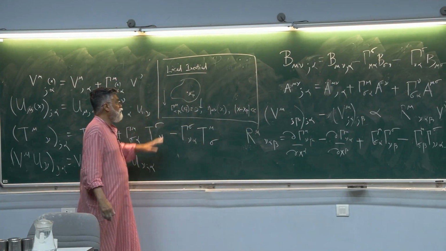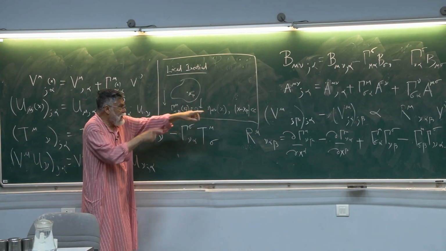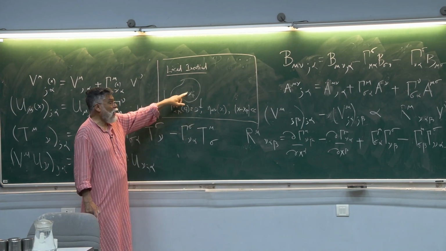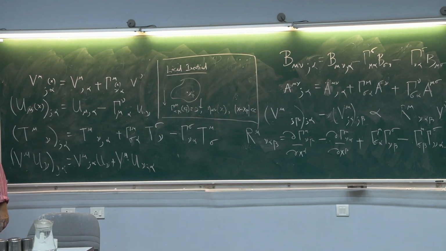So within a local inertial frame, everywhere to first order in the separation, the metric tensor is eta mu nu, but only at one point the Christoffel symbol is 0.